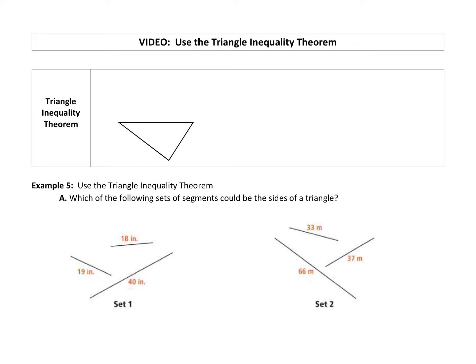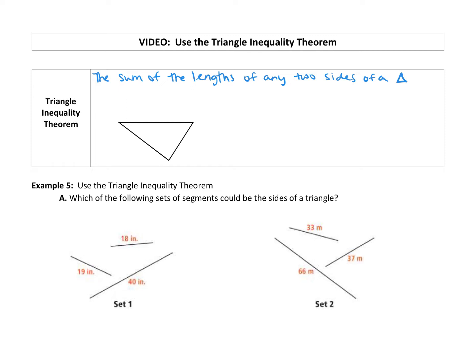All right, we've got our last video on using the triangle inequality theorem. So why don't we write in what that triangle inequality theorem is. It's the sum of the lengths of any two sides of a triangle, not a comma.